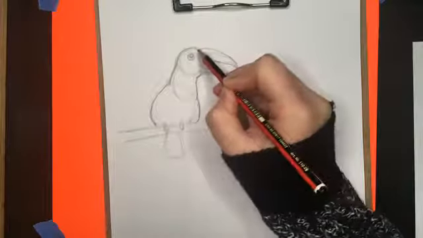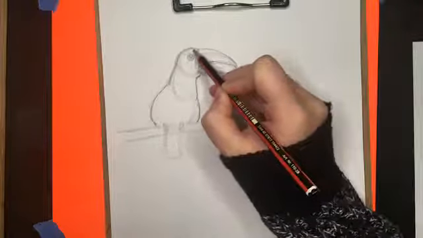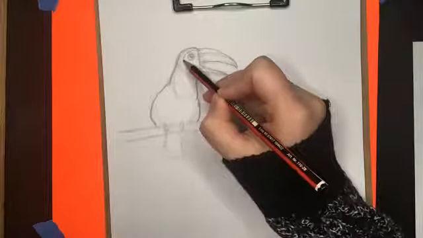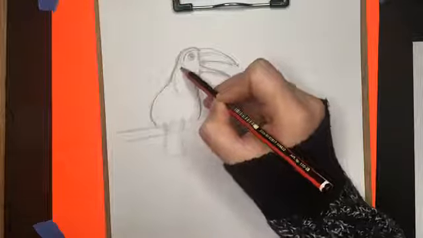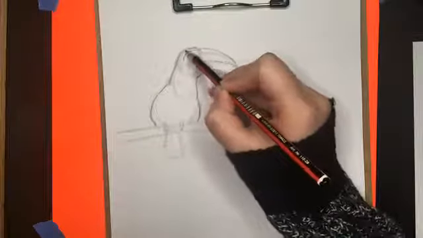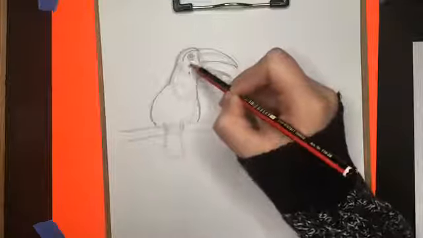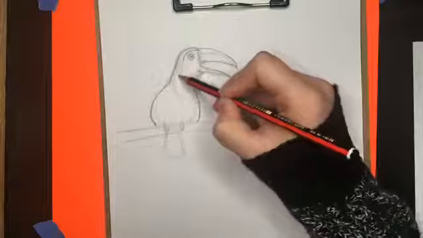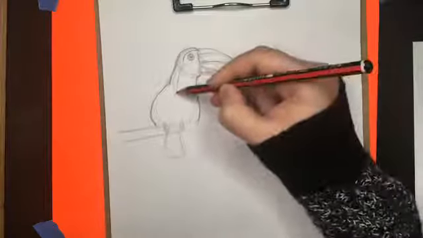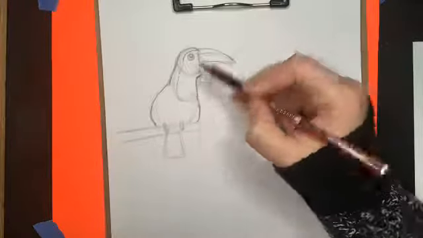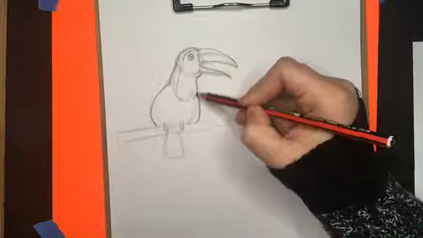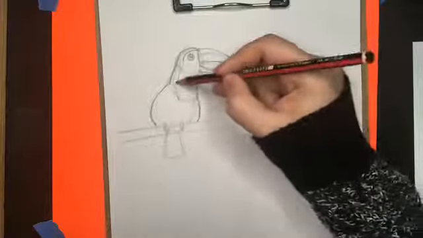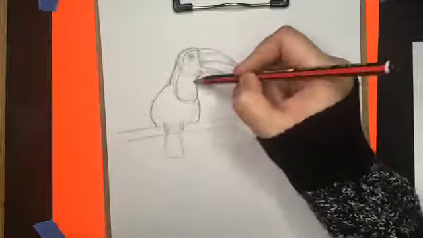And around this area, you're going to start drawing a marking. So the toucan I'm looking at has black feathers and some yellow coloring here. So we're just dividing which part is going to be the yellow part. And I'm using this curve that I drew in here as where to stop for the yellow color.